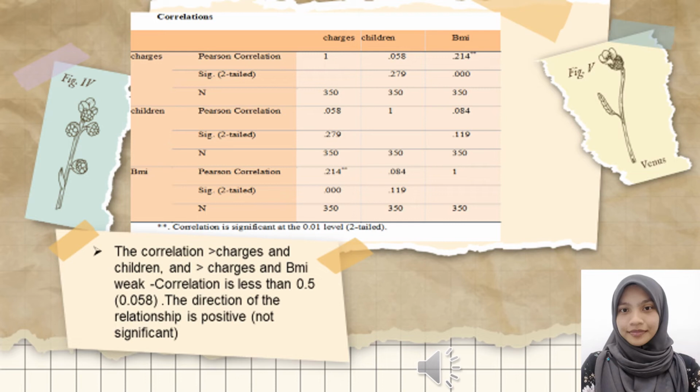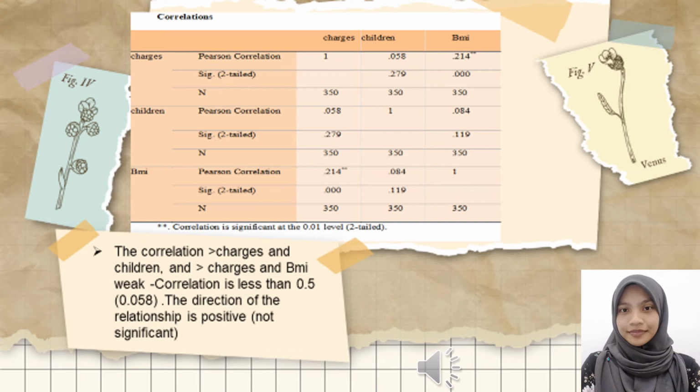Now, I want to interpret the model based on the correlation between charge and children, and also charge and BMI. They are weak since the value of the Pearson correlation is less than 0.5, that is 0.058.